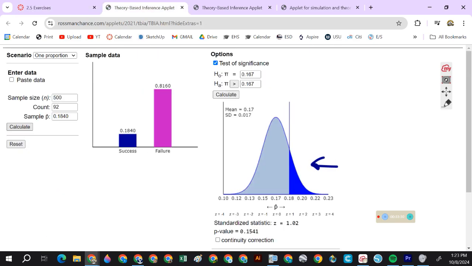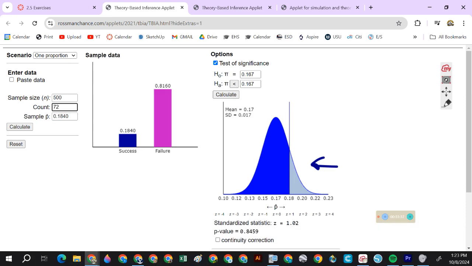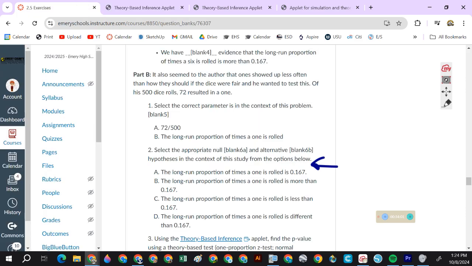So let's change this to a less than, and change our count to 72. Calculate. We get a p-value of 0.08. What do we do with 0.08? We get nervous, but do we reject the null? No, we reject the null when it's less than 5%. So this is probably one of those moderate cases.